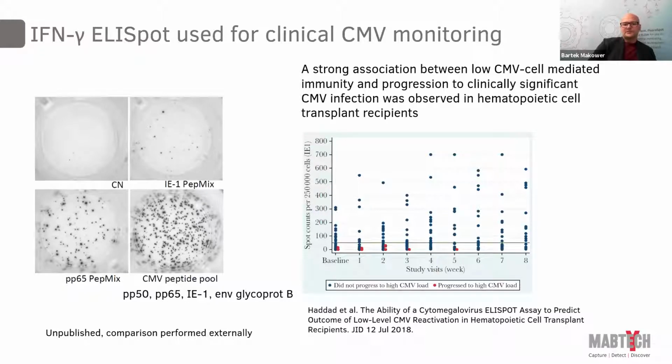And they could see that patients, so each dot is a patient, and the red dots are patients with low CMV-specific frequencies. And these patients progress to high CMV load. So the conclusion was that you can use CMV ELISpot to predict outcome of low-level CMV reactivation in transplant recipients.